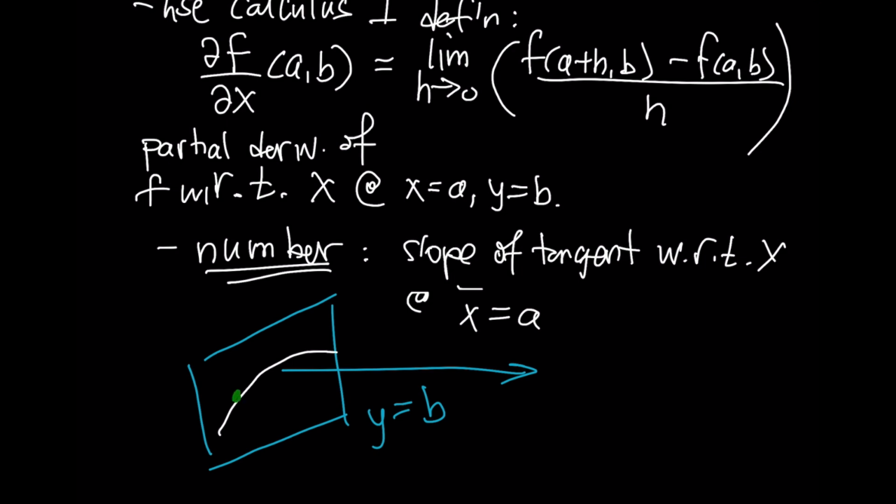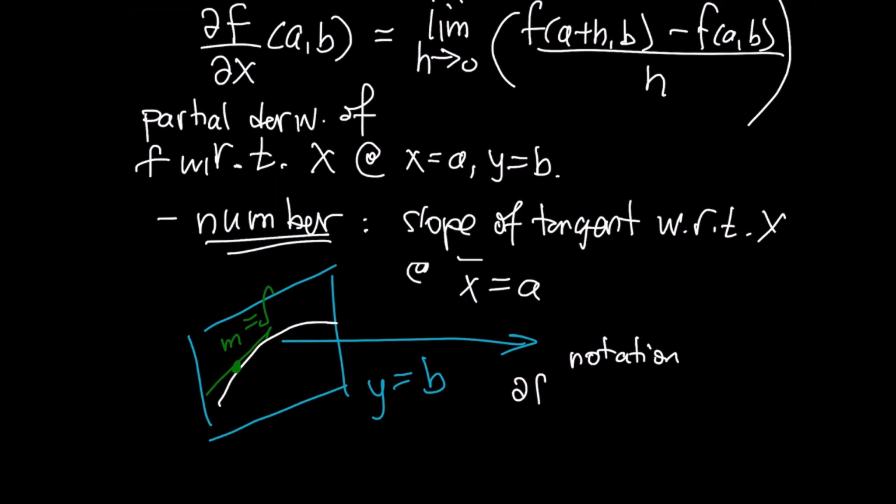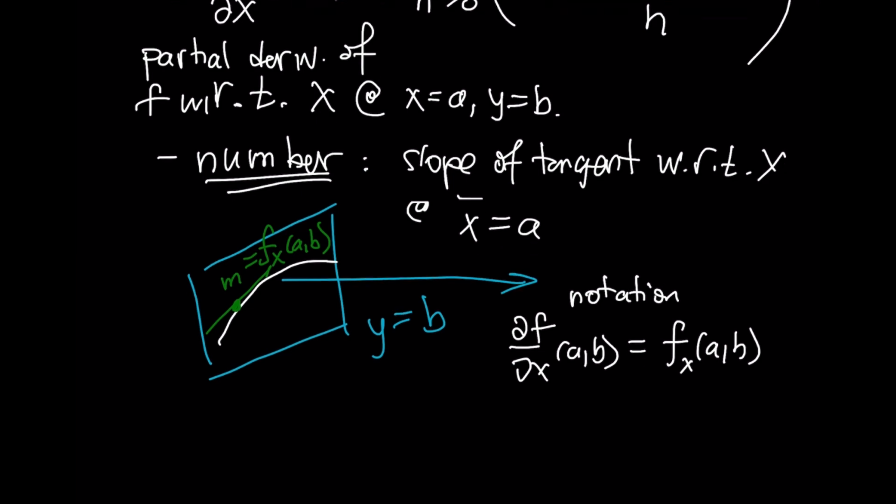What is the slope right at that point? Well, that slope is now this partial derivative. Because this can be a little clunky to write down, we can sometimes abbreviate it. We can put f with a little subscript here. That denotes that it's a derivative with respect to x. So on this picture, I'm going to put this derivative with a subscript, f_x, there.